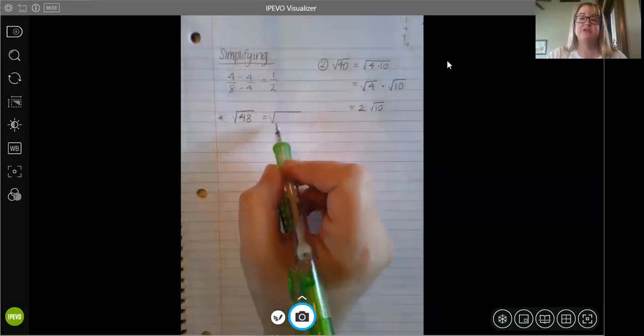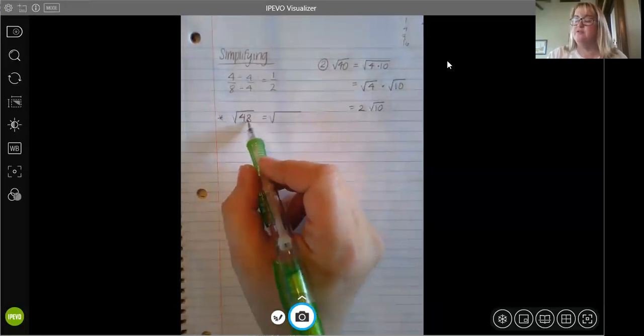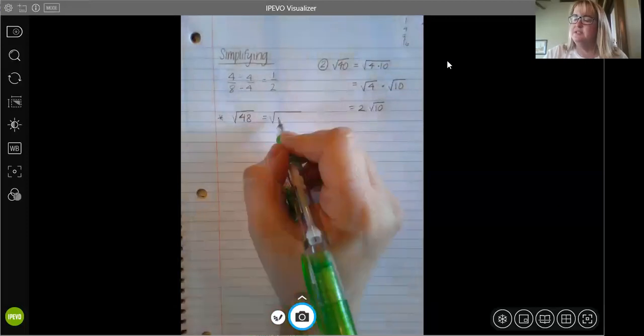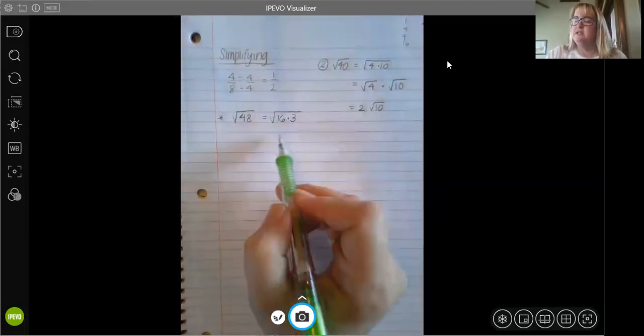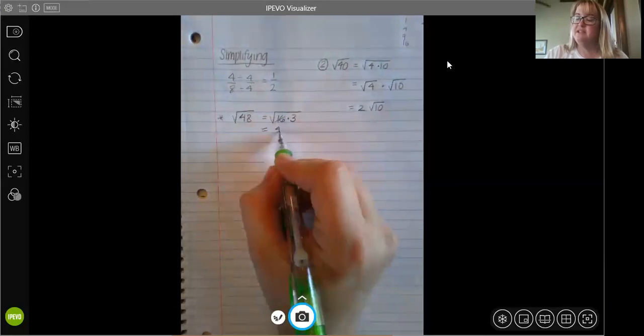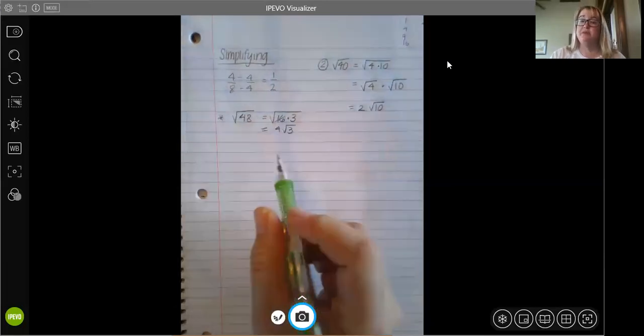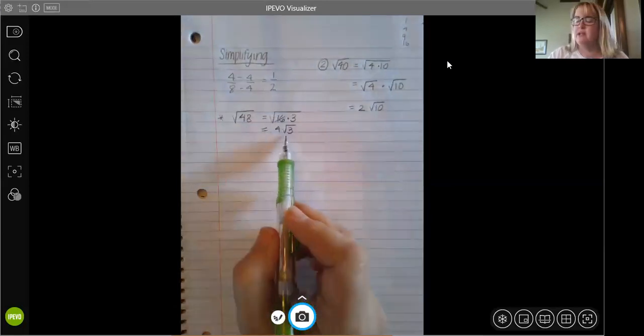And it really helps to look for the largest square number. Well, I know 4 is a factor of 48. 9 is not, but 16 is. So 48 is 16 times 3. So the square root of 16 is 4. So I'm going to factor out a 4. And what is left is the square root of 3. So the square root of 48 simplifies to 4 times the square root of 3.